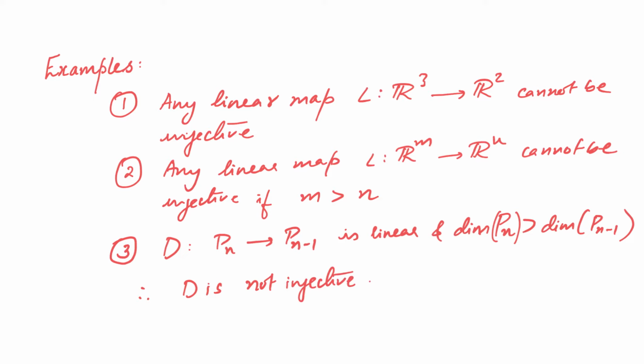Now, this is somewhat interesting because we are not really using any other property of derivative. In fact, we are not even using the definition of derivative. All we are using is that derivative is a linear function from Pn to Pn minus 1, and using that we have concluded that there exist distinct functions which have the same derivative. Don't you think that is very interesting?